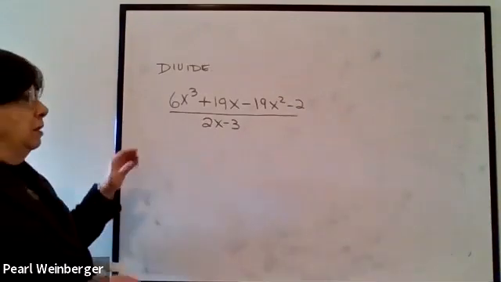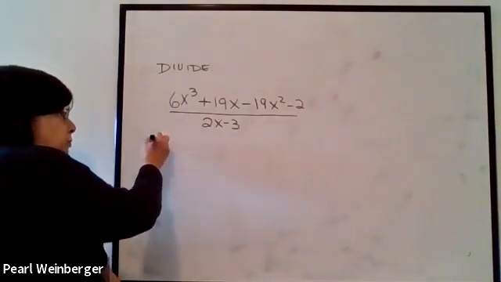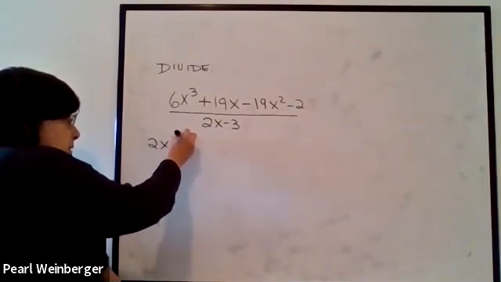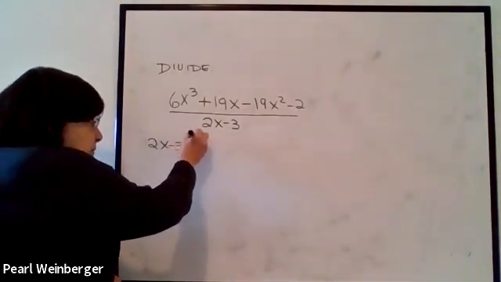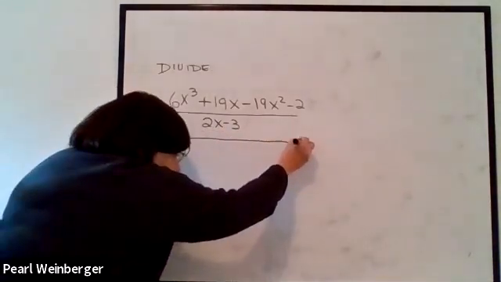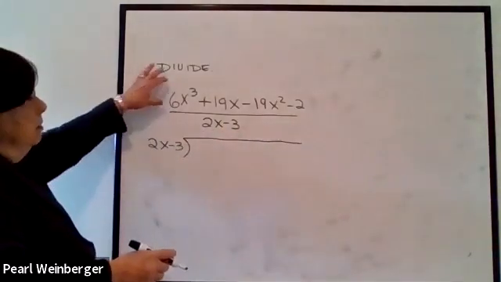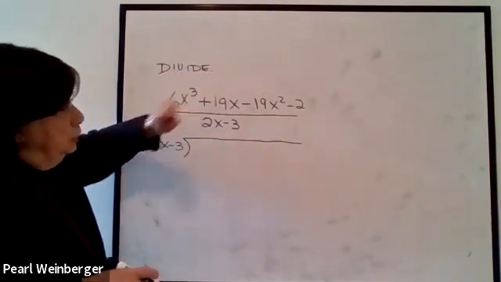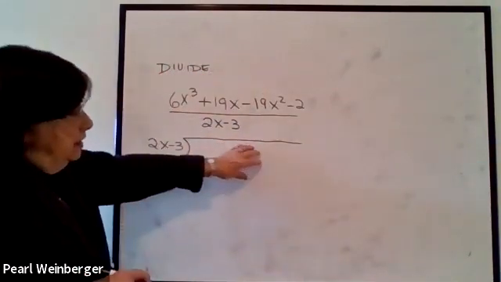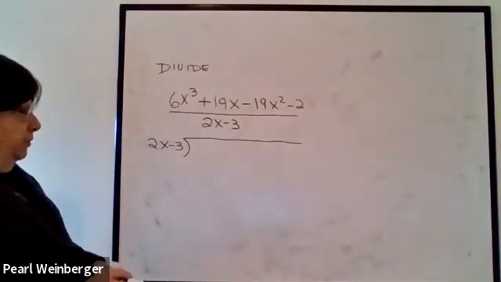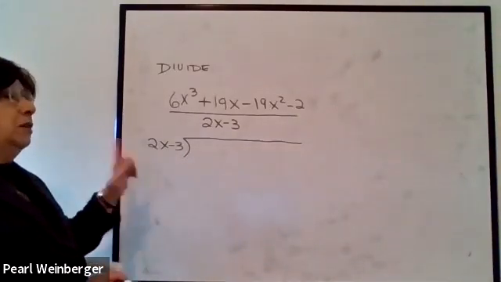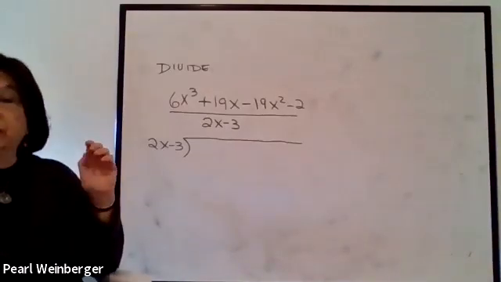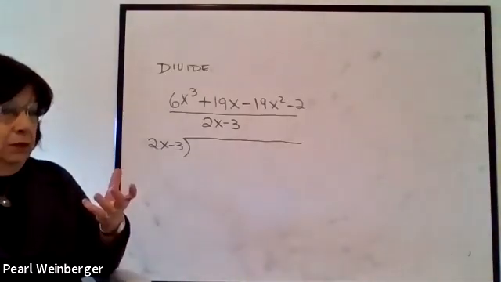We have to set it up like a regular long division, putting the divisor, which is the 2x minus 3, on the outside of our division sign, and our dividend, what we're dividing into, inside the division sign. Now, there's something you have to be very careful about, something that is sort of automatic when it's just plain numbers.